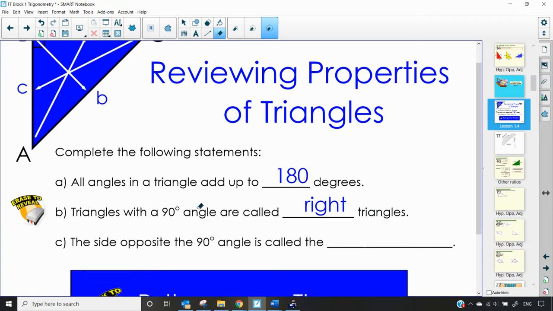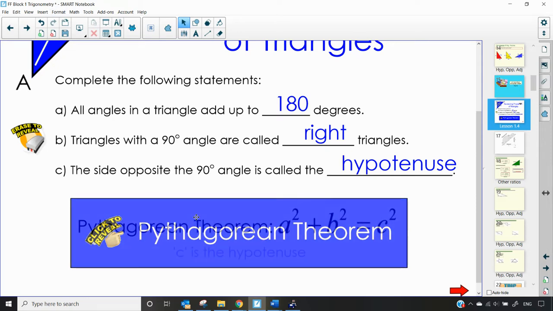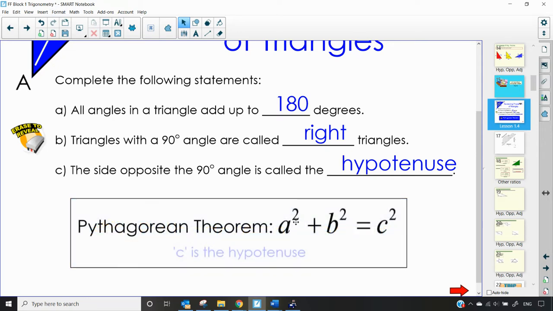And the side opposite 90 degrees is always called the hypotenuse. And then when it comes to solving triangles, if we are looking for missing sides, a lot of times we can use the Pythagorean theorem. And Pythagorean theorem is a squared plus b squared equals c squared, and c is the hypotenuse.